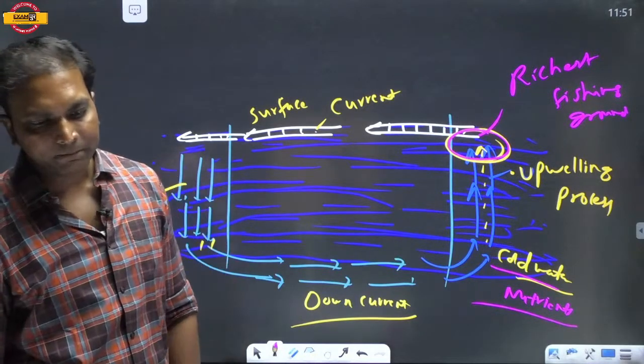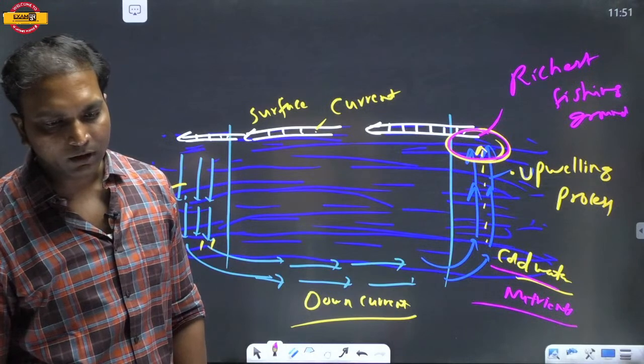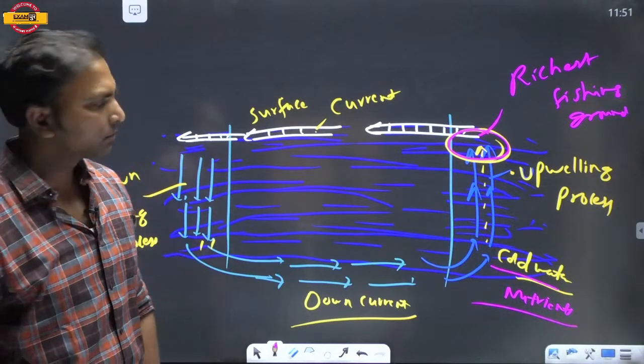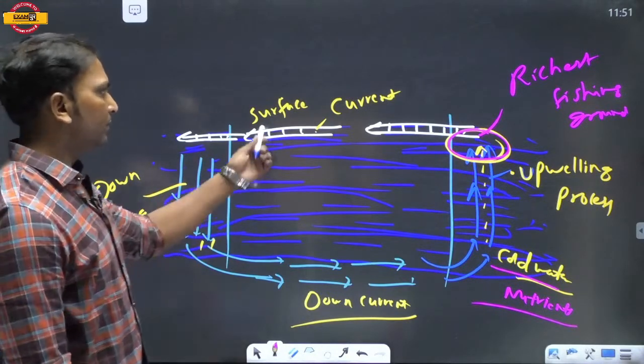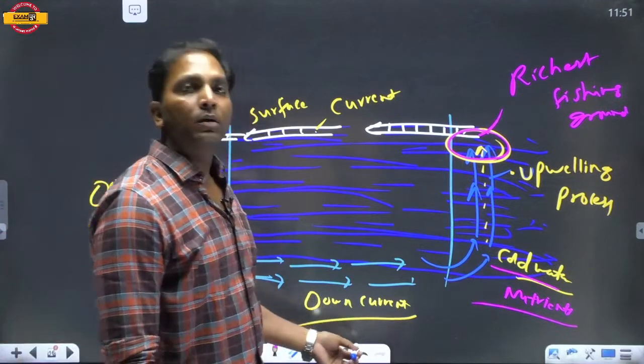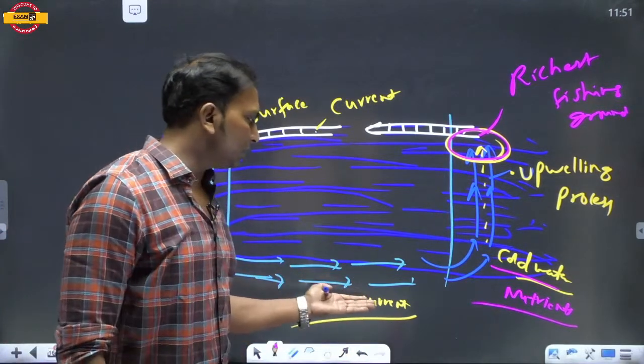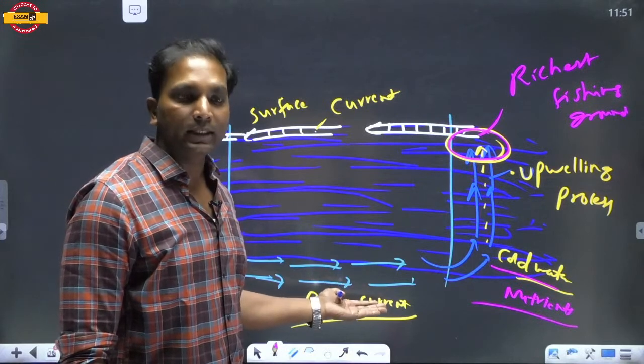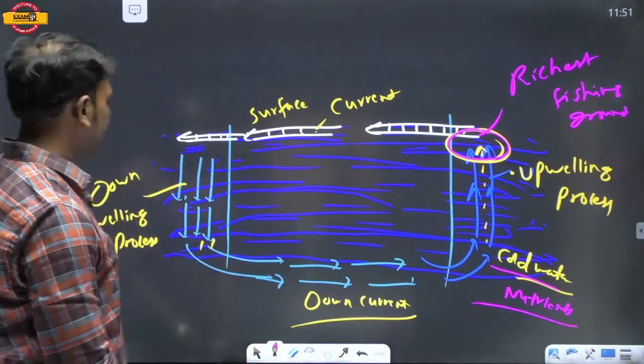Now it is clear, the downstream or upstream. These are the surface currents. Here are the down currents which flow beneath.